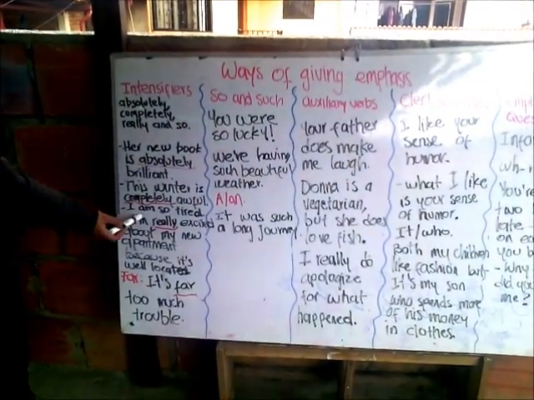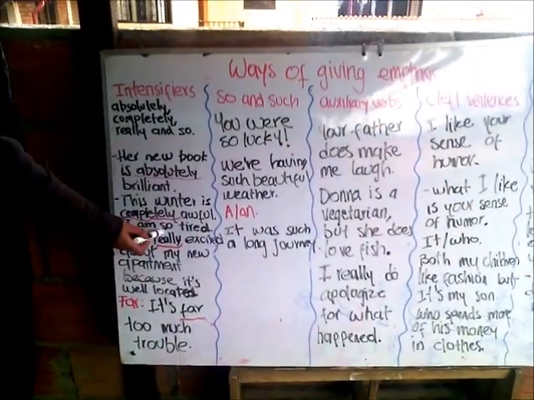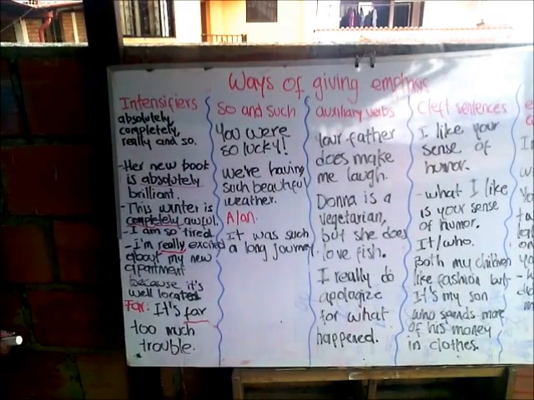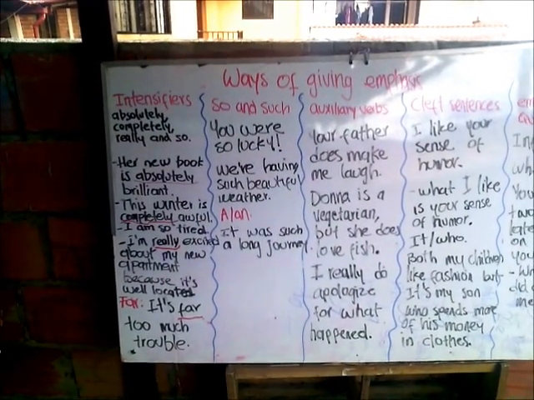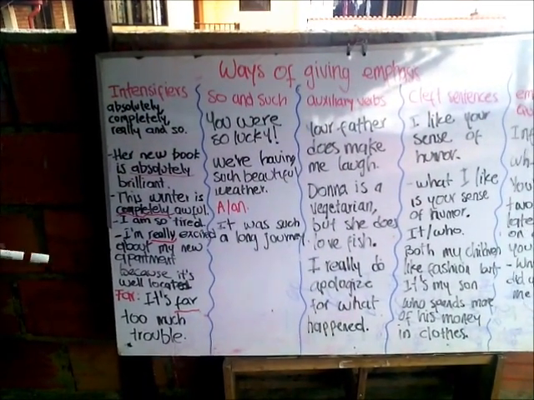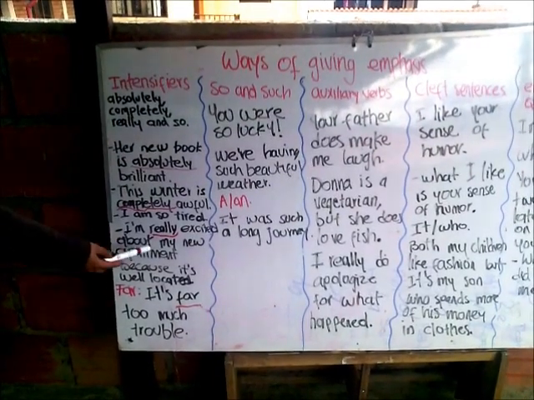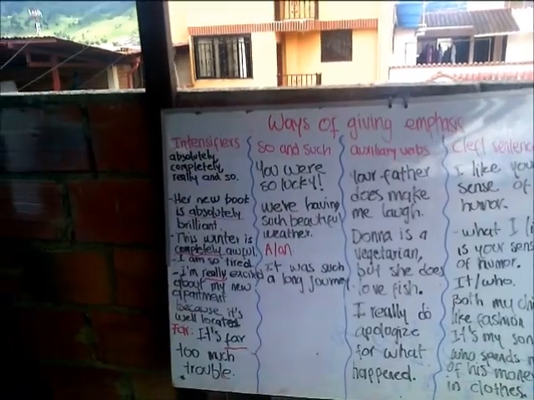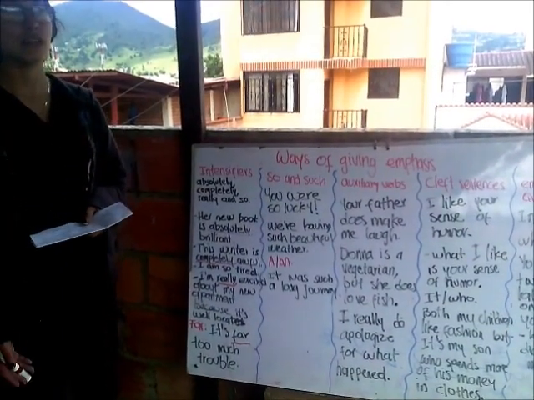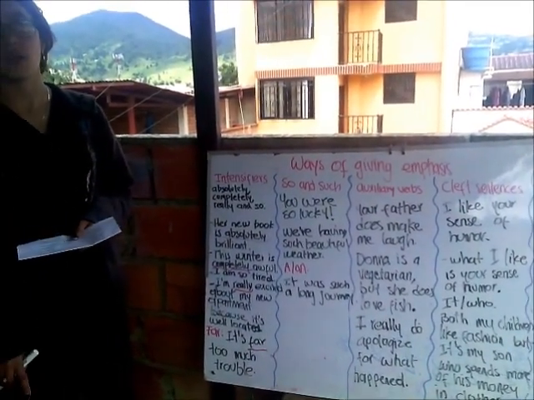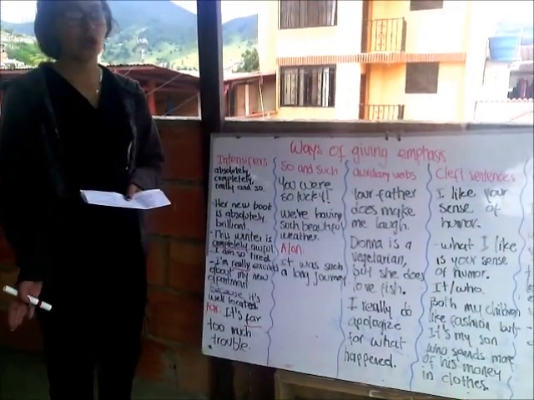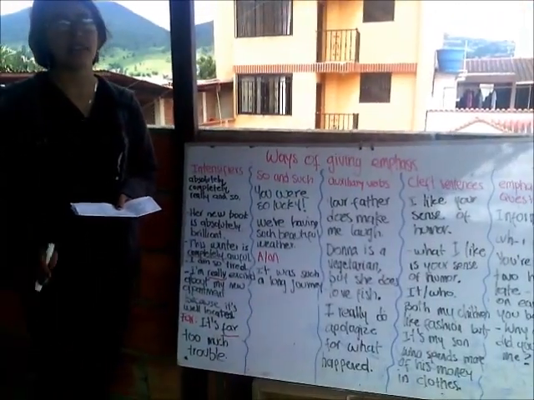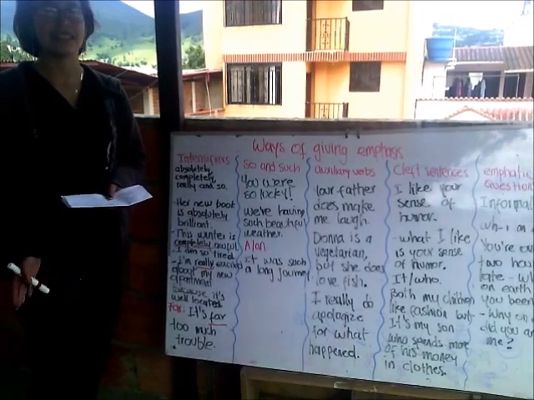Also, I'm so tired, because I'm really tired. I'm very tired. And another example can be, I'm really excited about my new apartment because it's well located. Absolutely and completely are usually used only with ungradable adjectives.